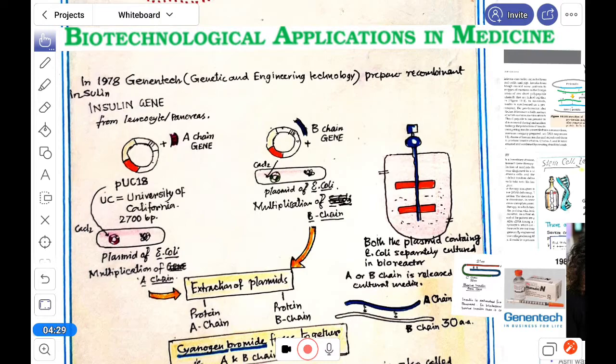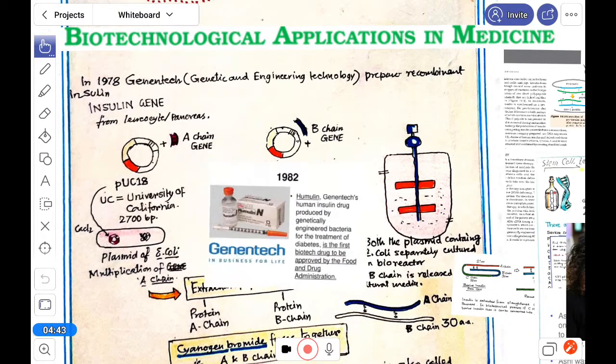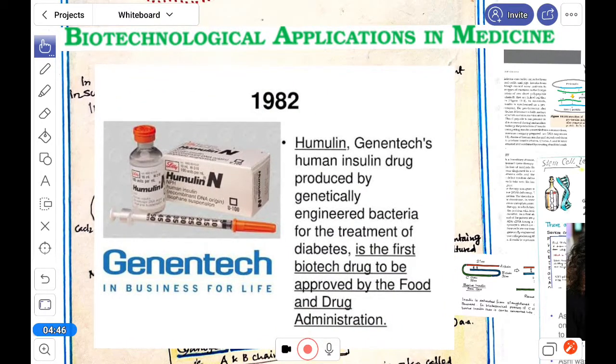In 1978, Genentech, a company whose name means genetic engineering technology, made Humulin. Look here, this is the company.